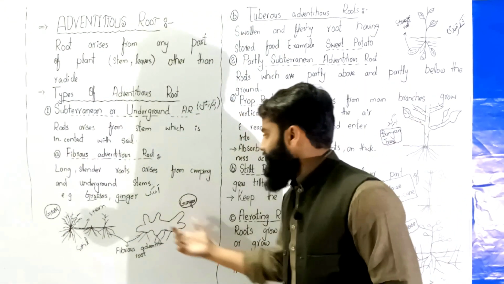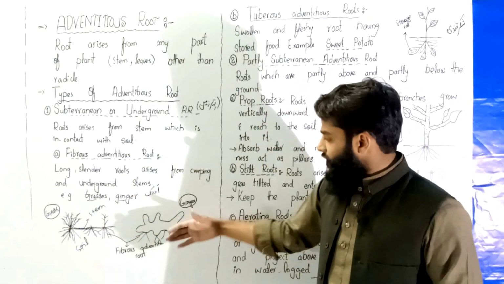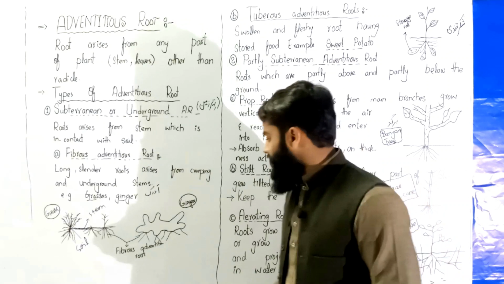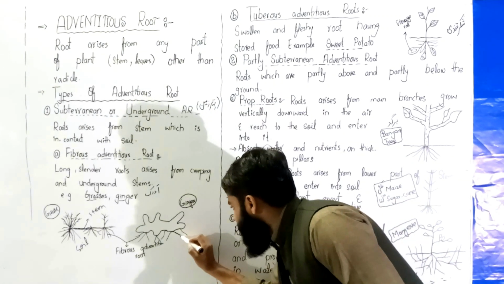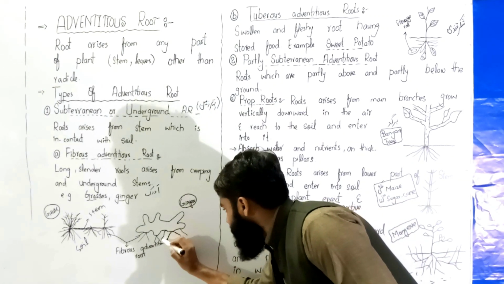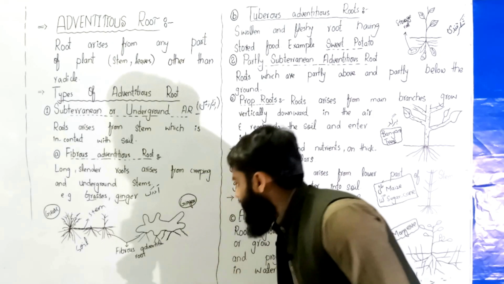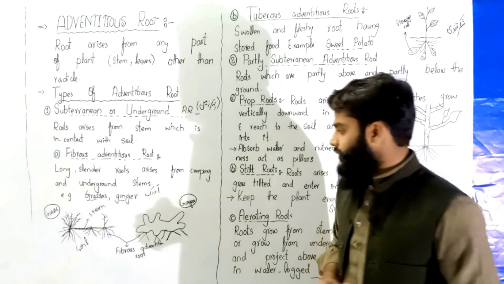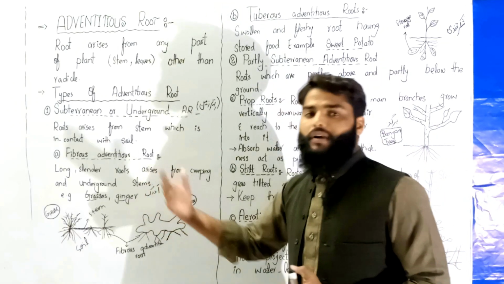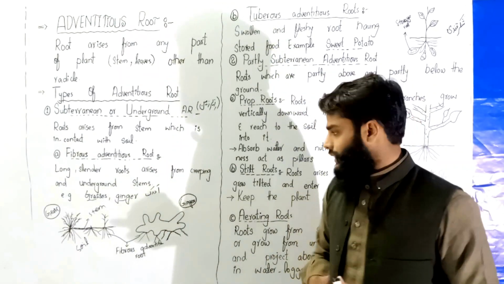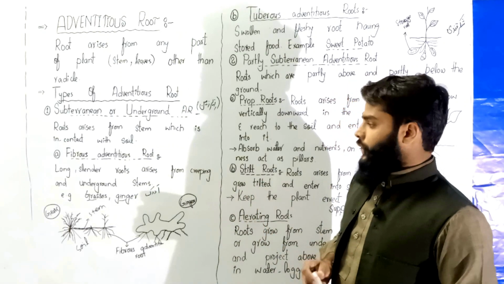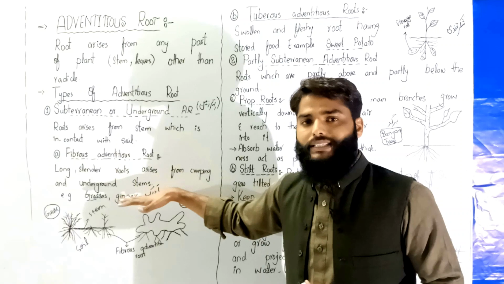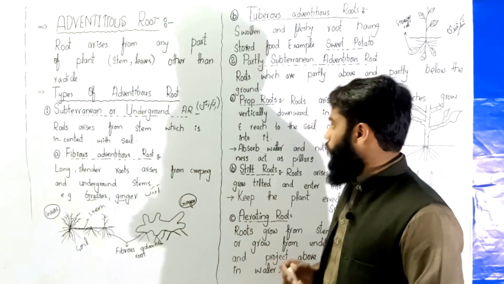If we see the other example, that is ginger, this is present inside the soil, and from this ginger long cylindrical branches arise which are known as the fibrous adventitious roots. This ginger, in common language, in Urdu, we call adrak. You can observe these 2 examples at your own homes.